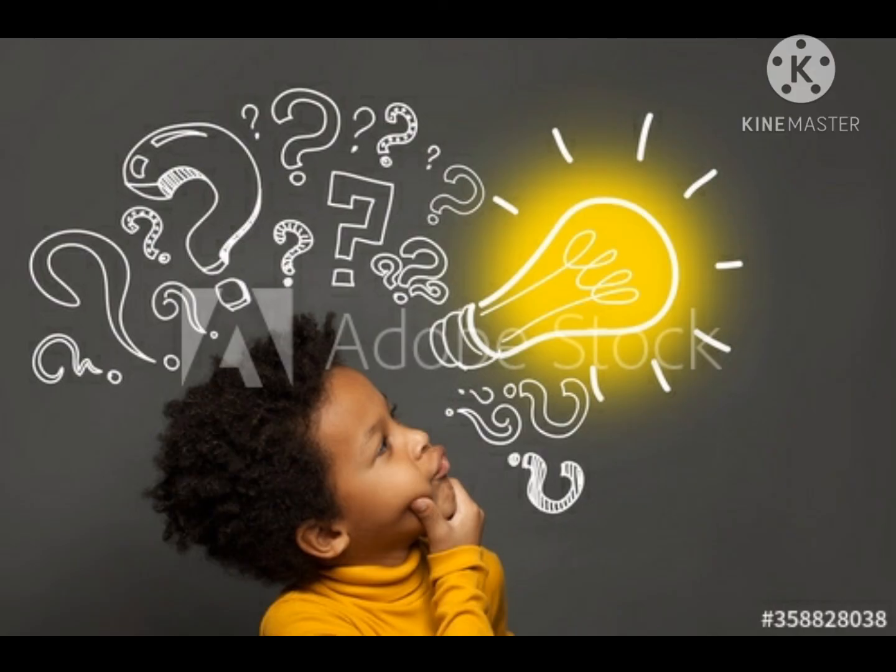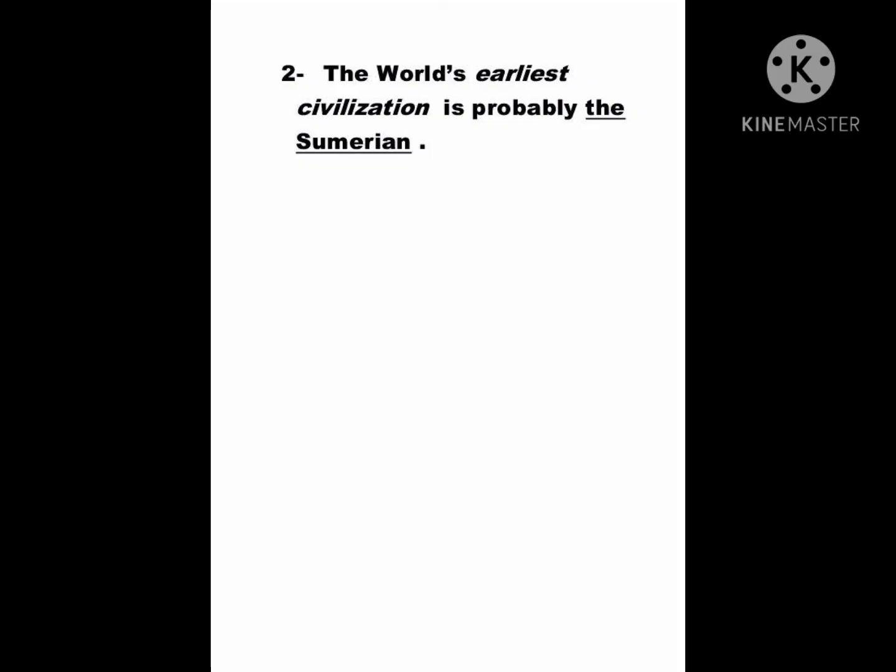In the keys we are going to see the first Grammar Explorer lesson, how to ask questions with WH words and the auxiliaries do, have, be, in all the tenses. The second sentence: the world's earliest civilization is probably the Sumerian. So we ask a question on the information, the Sumerian, again with a WH question, but which auxiliary do we use and in which tense?